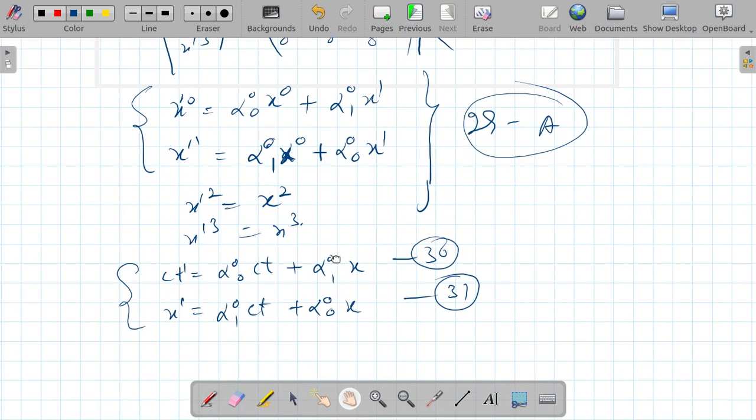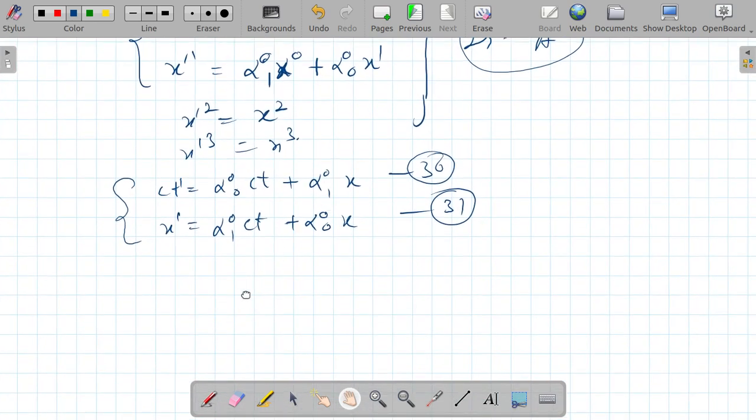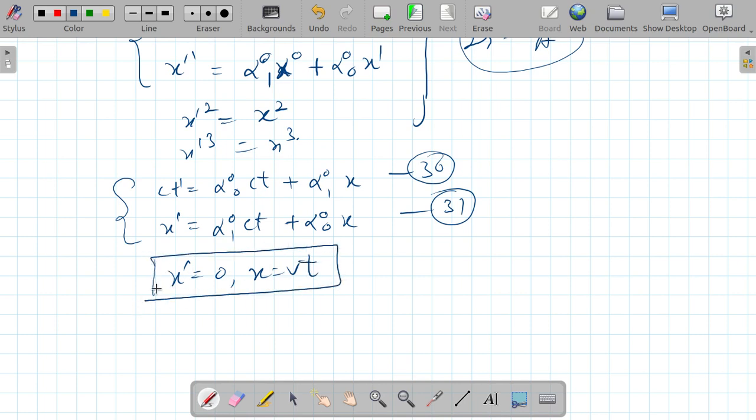Now let us consider the case when O prime or x prime is equal to 0, when origins will coincide. So that means x prime is equal to 0 and x is equal to vt. If I consider this case, then equation number 31 leads to 0 is equal to alpha 0 1 ct plus alpha 0 0 vt.